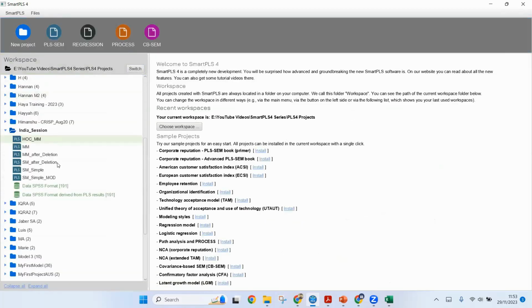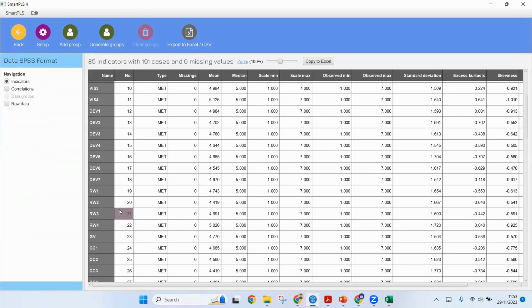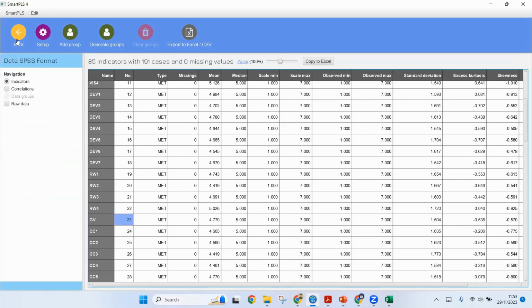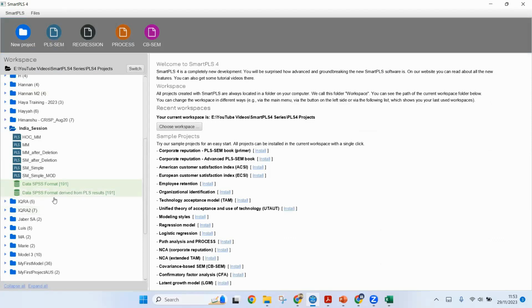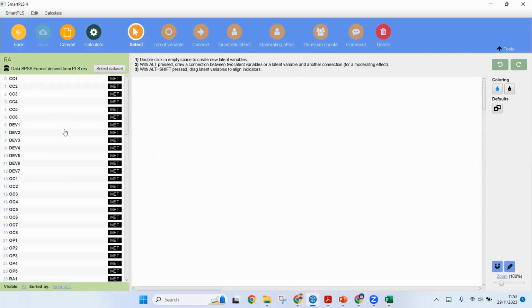Let's see if I've got it here. I don't know whether I had it in this data set or not. Yeah, here it is, the global measure. So I did not export it. Let me do it like this, just hold on. So in order to do redundancy analysis, let's do it.